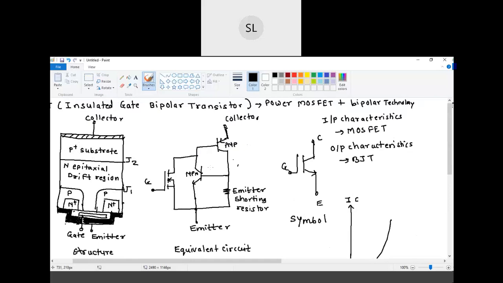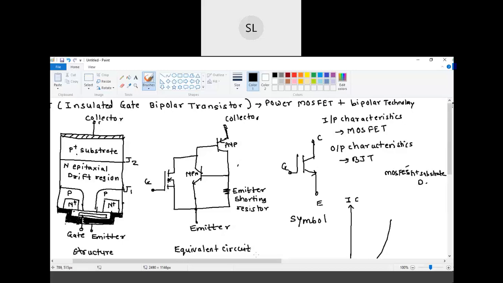That is, in the MOSFET there was an N substrate at the drain side. Here there will be a P plus substrate at this collector side.